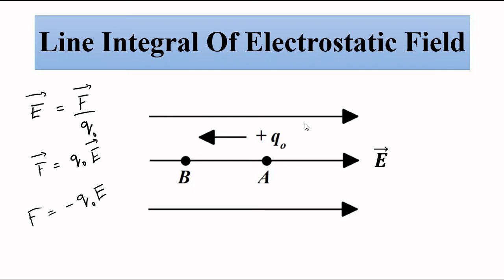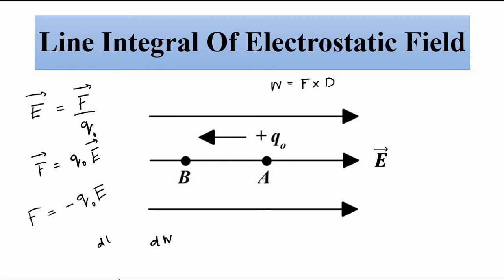Now let's say we have to move this test charge by a small distance, dl. To do that, we have to do a small work dW, and that dW will simply be, we know work is equal to force into displacement.